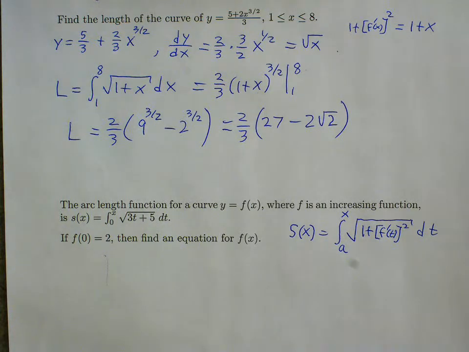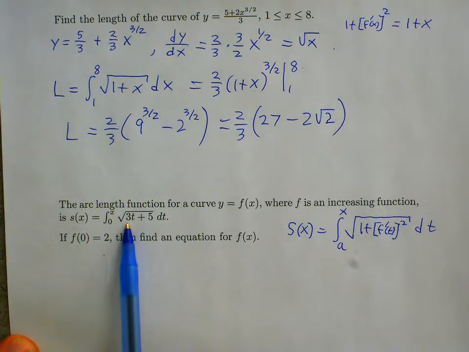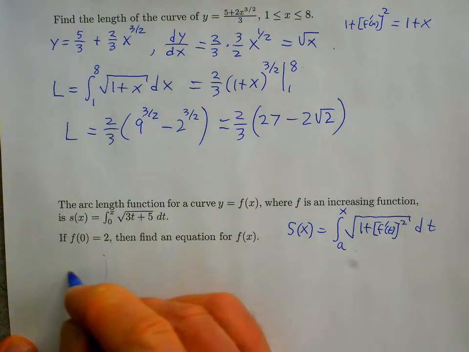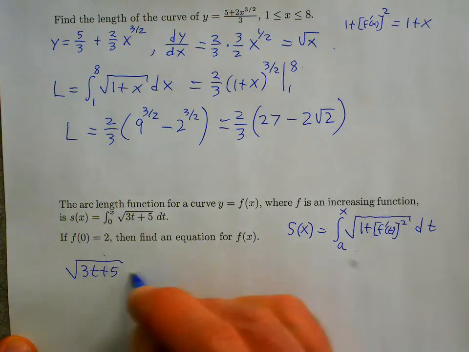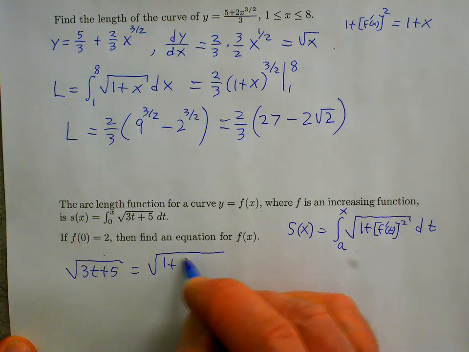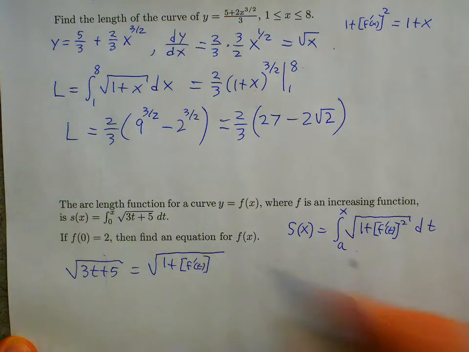So what can we do? This is the formula for the arc length function. And this is the arc length function for a particular f of x. So we can say that the integrands are equal. We can say the square root of 3t plus 5 is equal to the square root of 1 plus f prime of t squared.